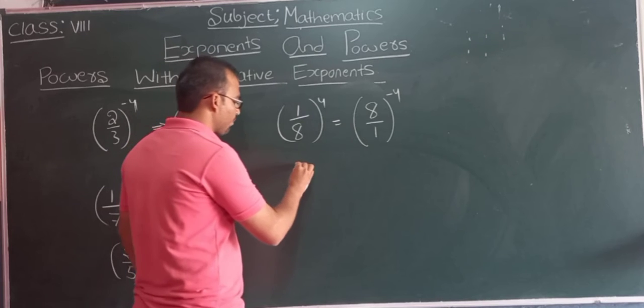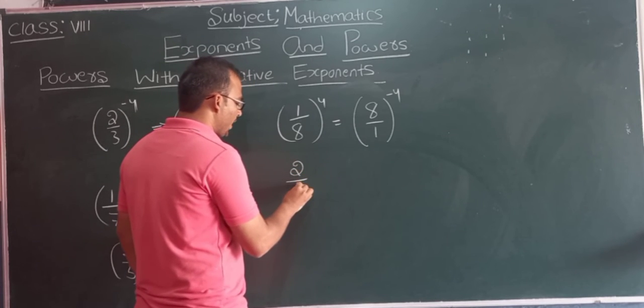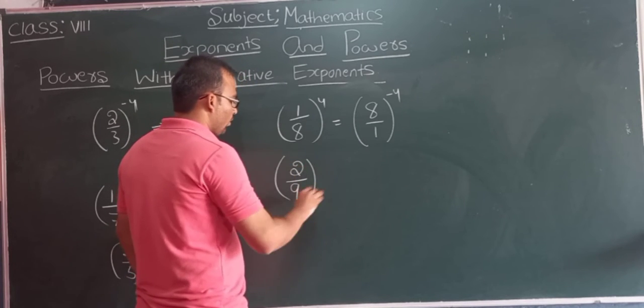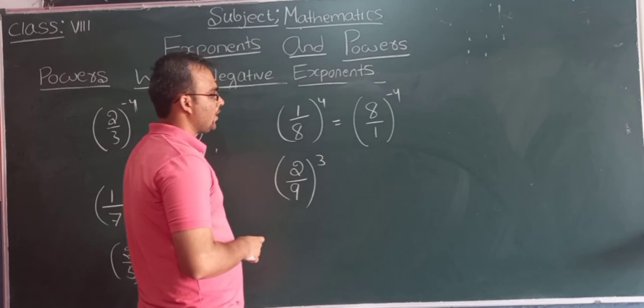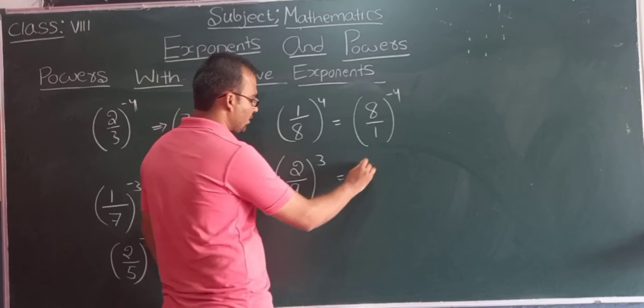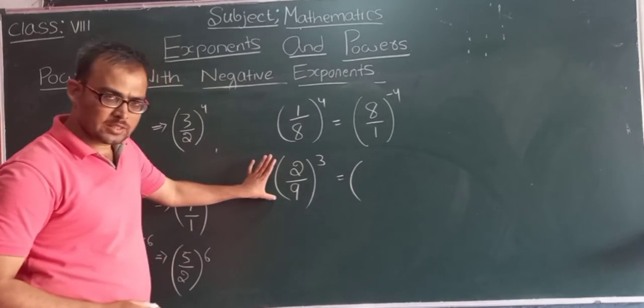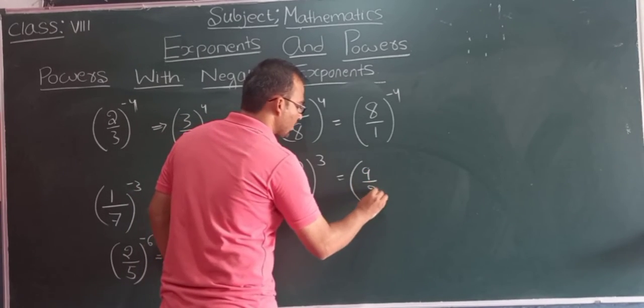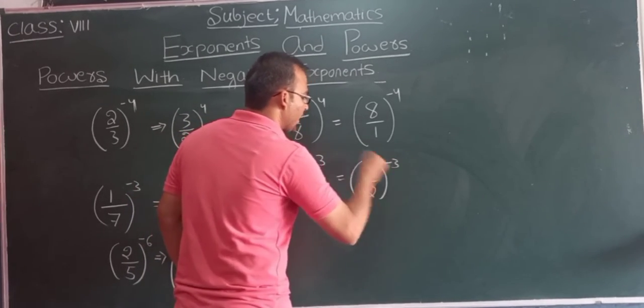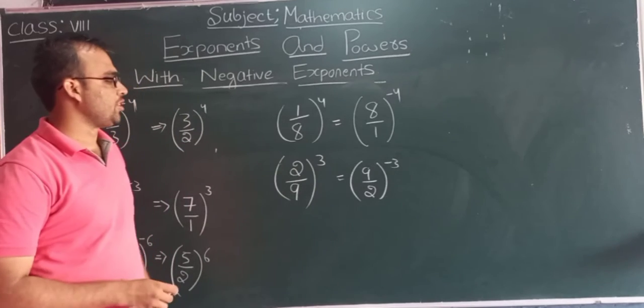One more example, 2 by 9 whole to the power 3 is there. This is the base and this is the power. If you reciprocal the base, then you will get a negative exponential value.